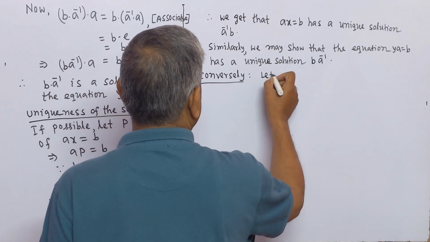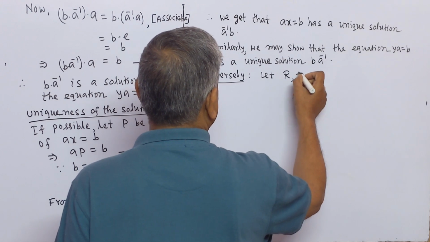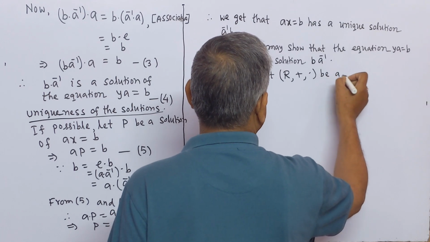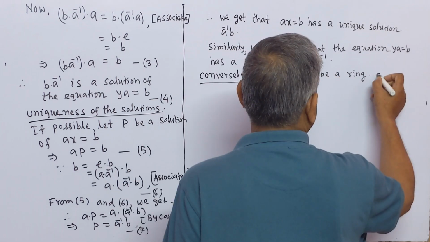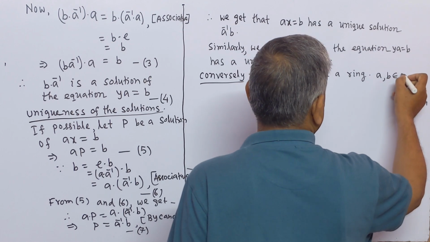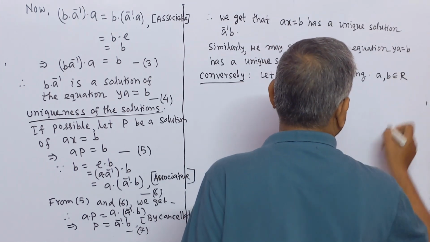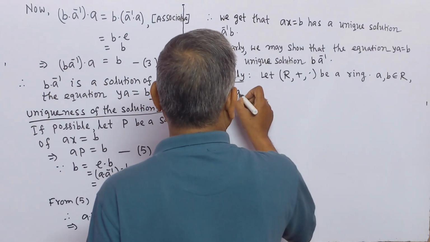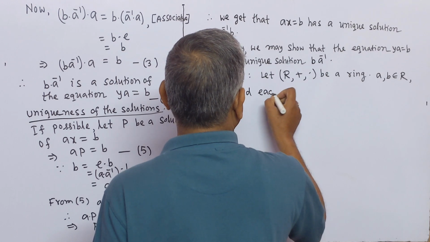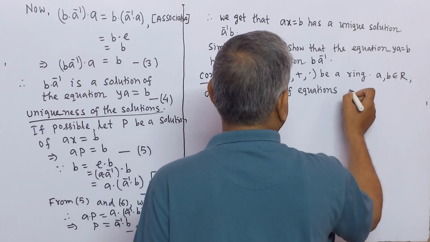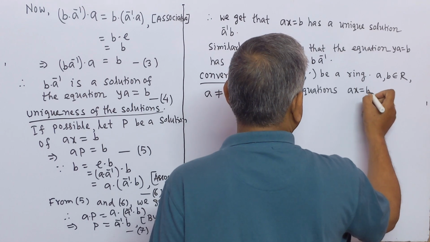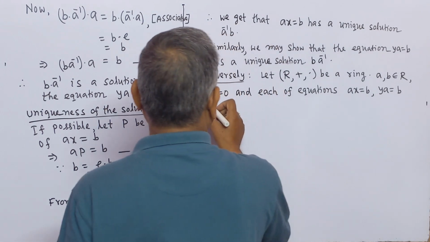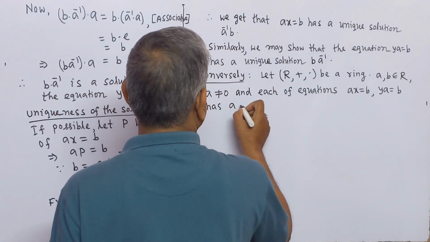Now conversely, let R with binary operation addition and multiplication be a ring, A, B belong to R, A not equal to 0 and each of equations ax equal to b, ya equal to b has a unique solution.